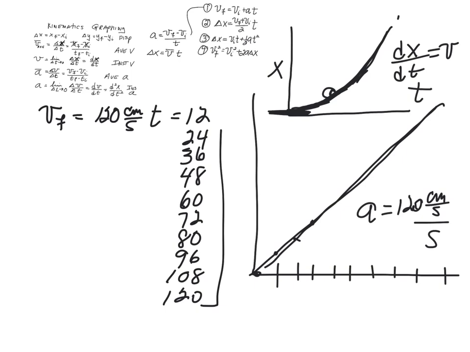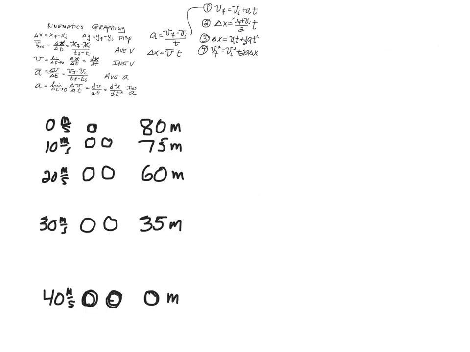Okay, let me give you a couple other things to think about. Actually, I changed my mind. Here's another example. Here's a ball, and I'm going to throw it up. It's going to reach the peak and fall.